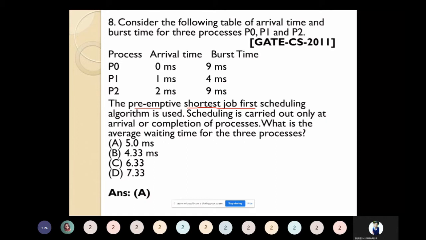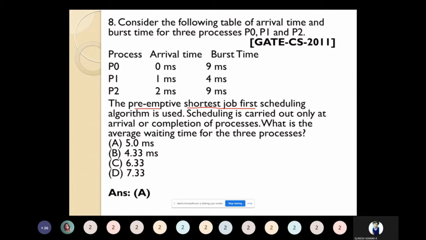If in the meanwhile any other process arrives, we have to compare both processes: is the current process burst time lesser than the arriving process burst time? We have to check, and whichever has the smallest amount of time, we execute that one.